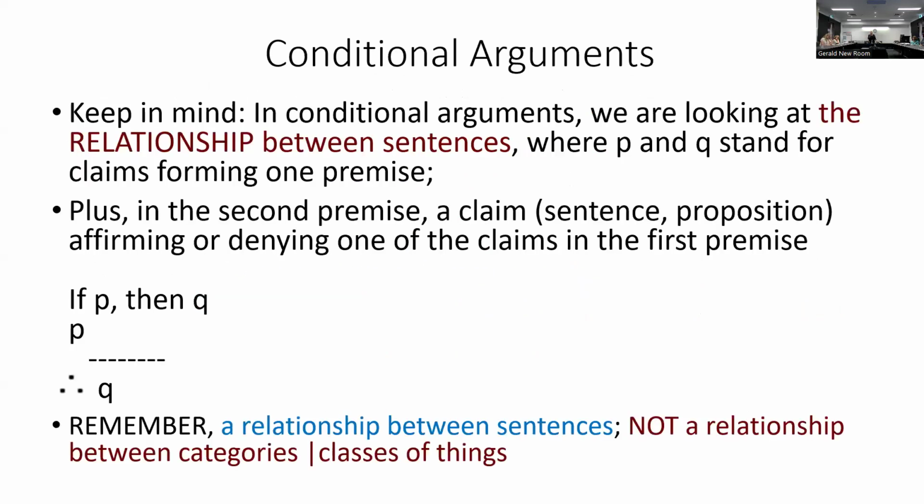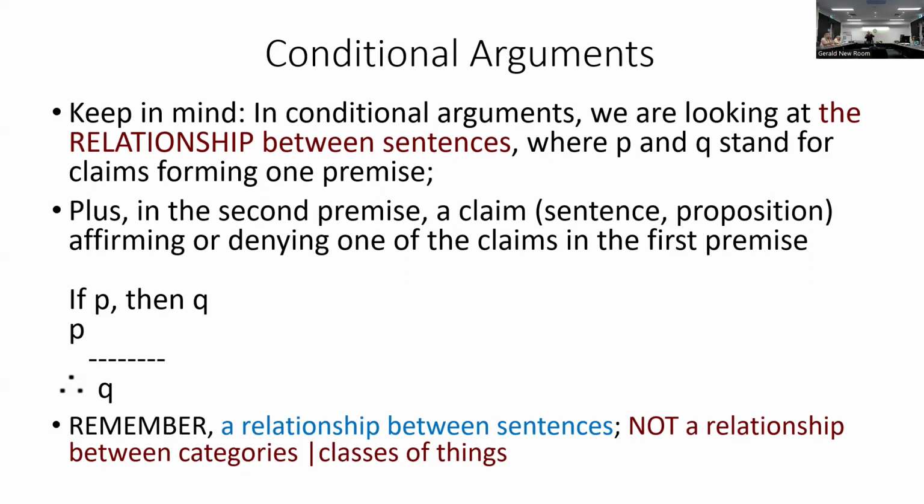So keep in mind that with conditional arguments, we are talking about relationships between sentences. If it rains, then I'll go to the beach. The claims, true and false, are those two claims, if, then. I will go into it next week, so don't worry about this.